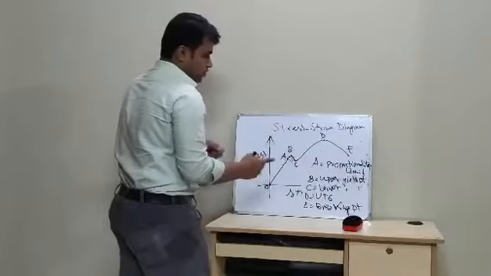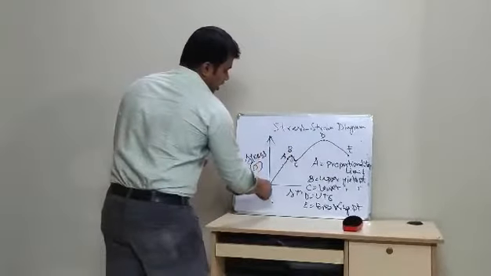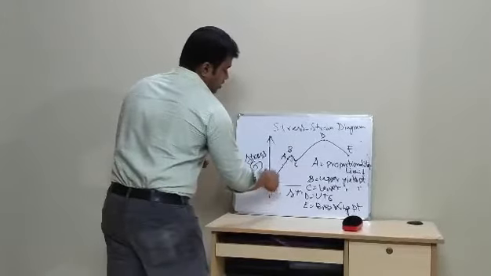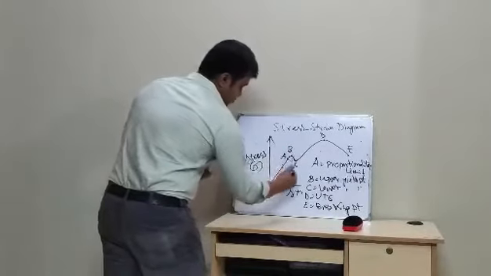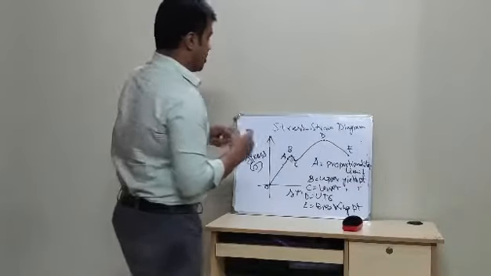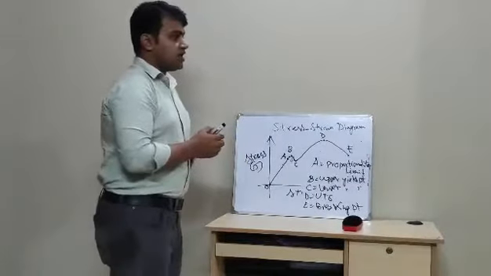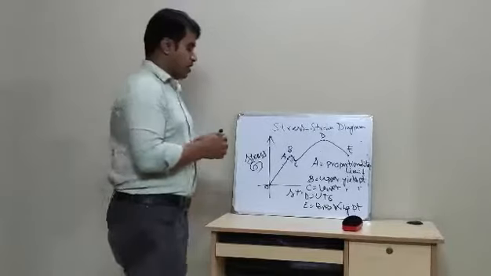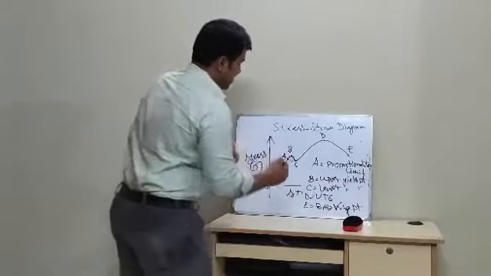In case of brittle material, it follows only O point to B point. B point is the yield point, and from the yield point we can see that there is a permanent deformation in the material. That is also shown in the graph.